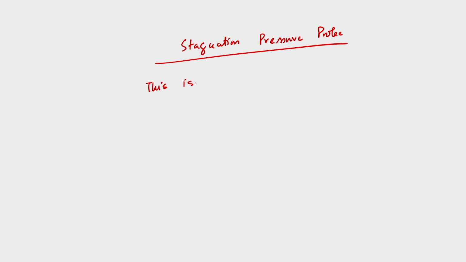Now, second is the stagnation pressure probe. This probe is used to measure stagnation pressure, as the name suggests.